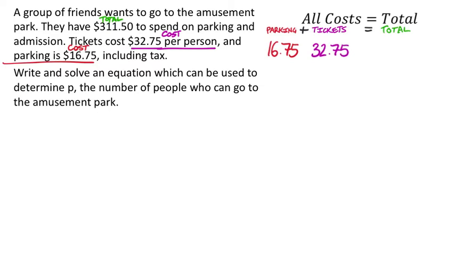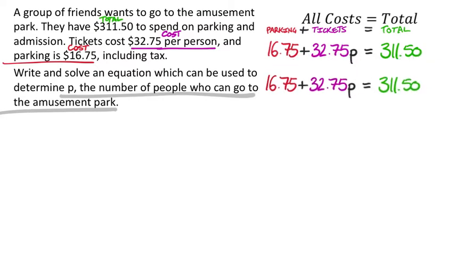It does say that we should use P as the variable for number of people going. So it's $32.75 multiplied by the number of people that are going, and then this would be the total, which it gave us at $311.50. So this sets up, I'm adding the cost, which should equal the total, but again, this is my equation that I'm going to solve, which was the first part of this question.